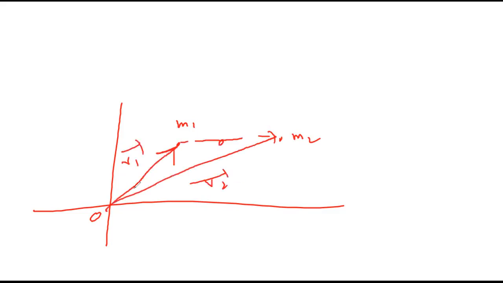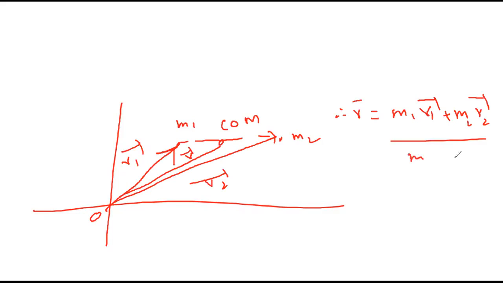Let r bar be the position vector of center of mass. Therefore r bar equals m1 r1 bar plus m2 r2 bar upon m1 plus m2. So this is the formula for position vector of center of mass.